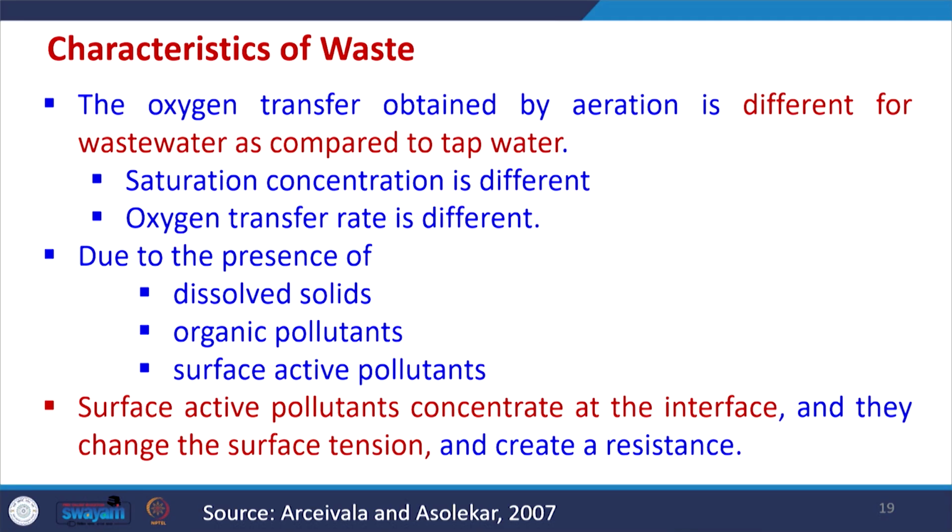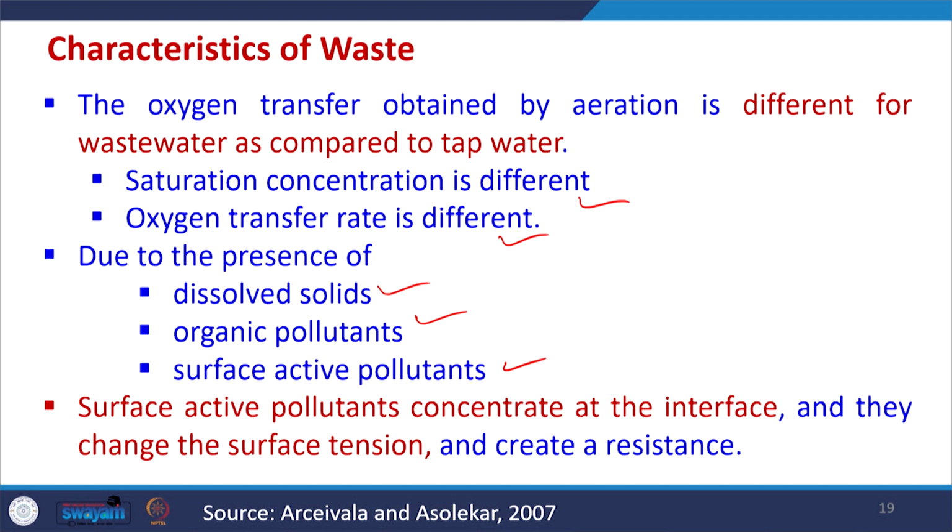Then the characteristic of waste: oxygen transfer obtained by aeration is different for wastewater as compared to tap water, because the organic content may be different. So, the saturation concentration of DO is different, thus oxygen transfer rate is also different, and this is due to the presence of dissolved solids, organic pollutants and surfactant active pollutants also.